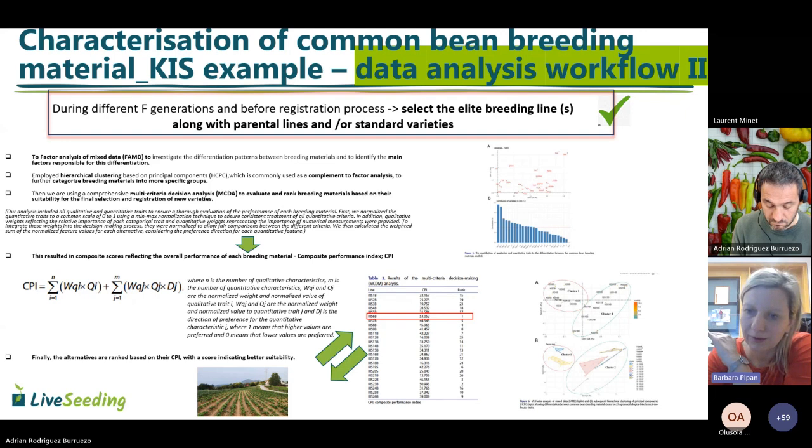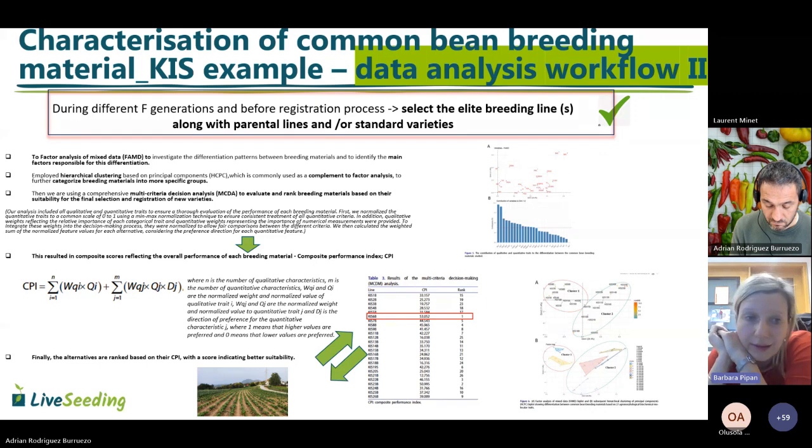So it's very important that we have, I would say, eyes open to see all those deviations, and to maybe highlight some genotypes, some breeding lines which are different and are there for a specific reason, and as well good, but maybe for another breeding objective, not the one we're searching for.